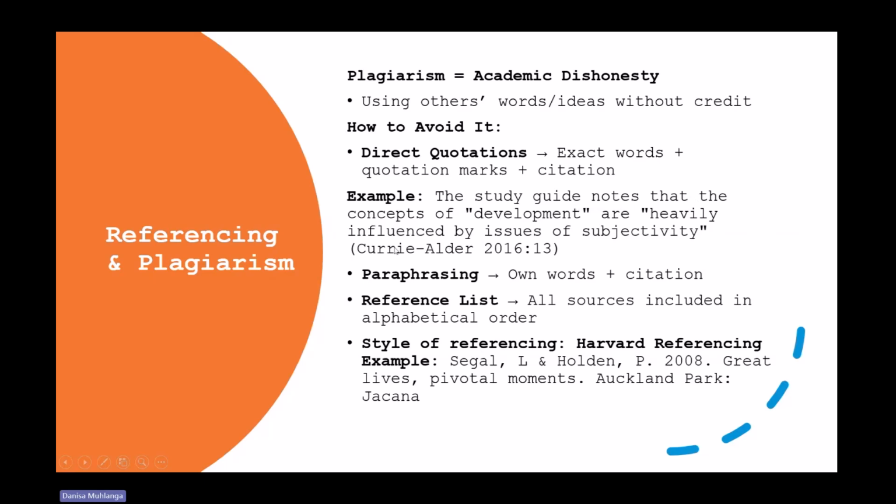But now, because you started with Kara Alda, he won't be inside the brackets. Only the year and the page number will be inside the brackets. But Kara Alda will be outside. So you will say Kara Alda and then open brackets, then 2016, then the page number, close bracket. And then you continue with the text.